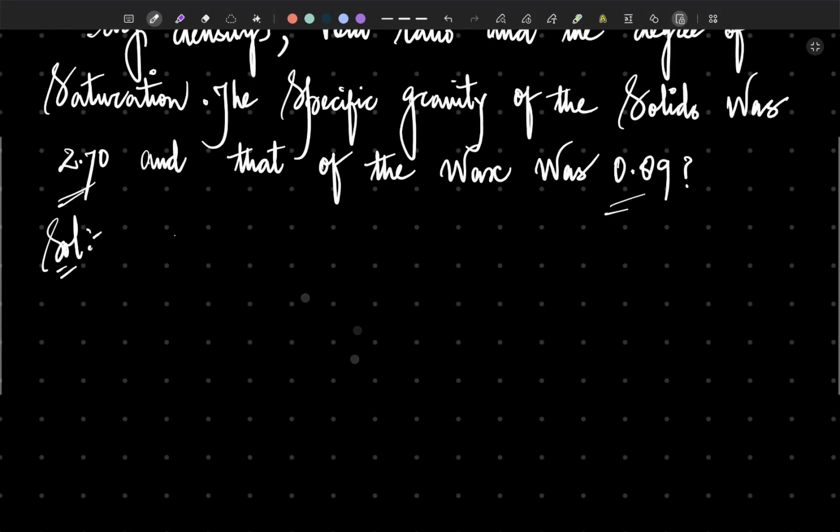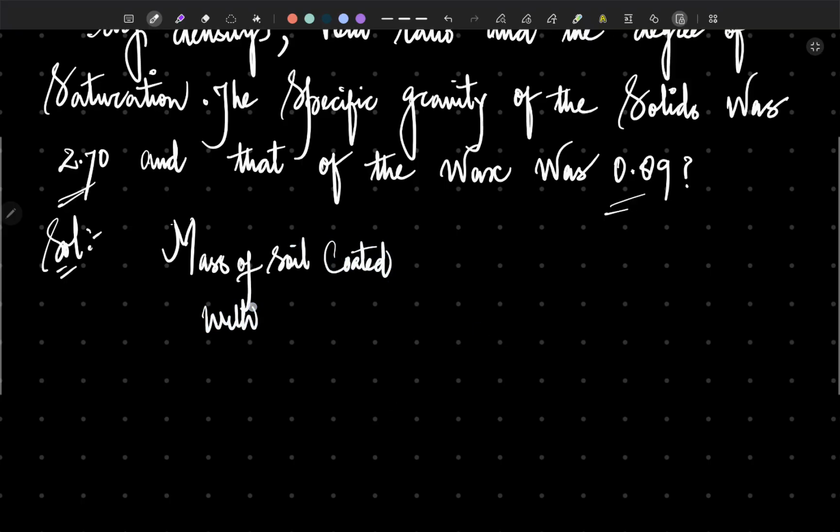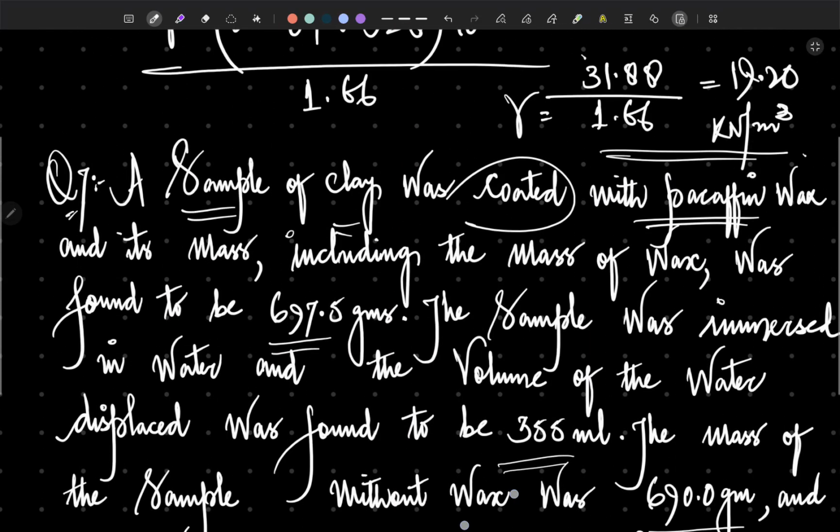So this is the mass of soil coated with paraffin wax. How much? 697.5 grams.